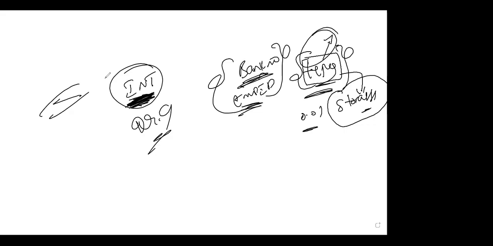Is that clear to everyone? This is the only reason to avoid types.